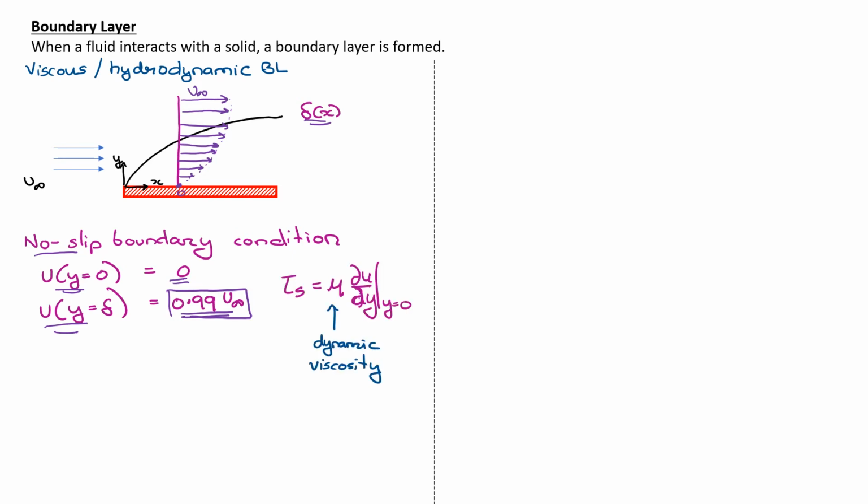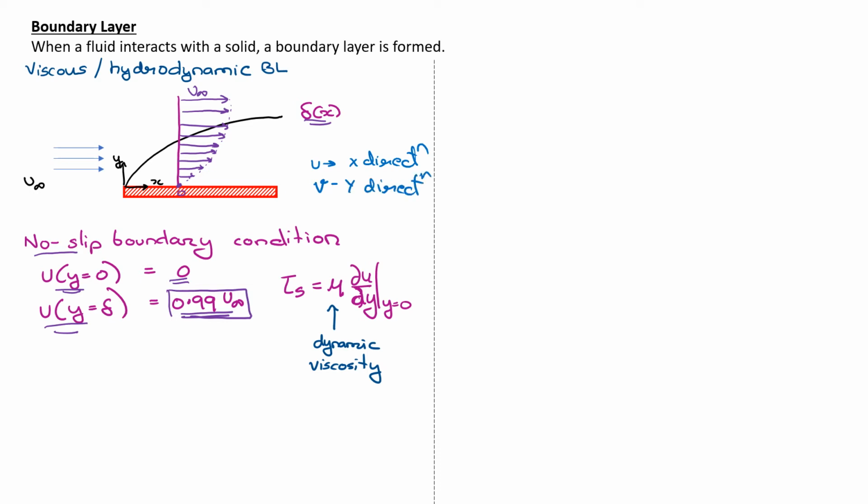We define the shear stress as mu, which is the dynamic viscosity, times the gradient of velocity in the y direction. Remember that u here stands for velocity in the x direction. Let me write this down: u is velocity in the x direction and v is velocity in the y direction.